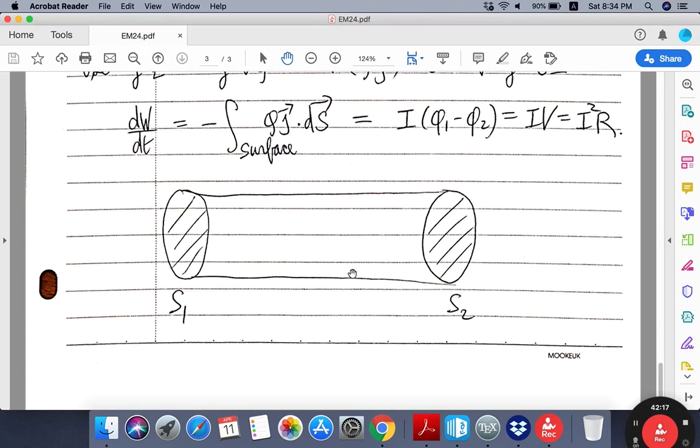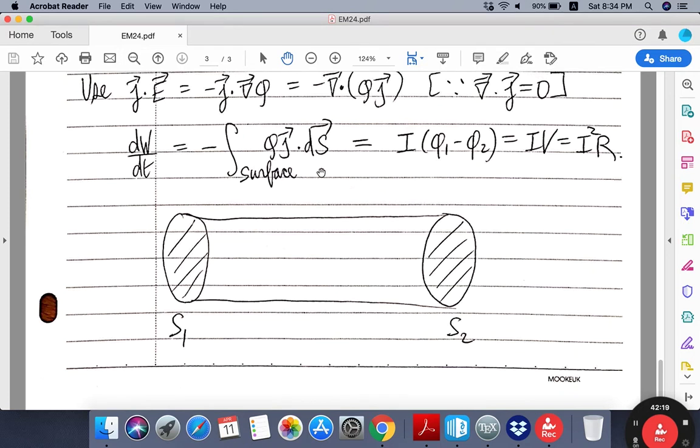This surface integral, after some reflection, will be equal to the current. The current comes from performing the surface integral of this inner product, which is nothing but the definition of the current in the first place.